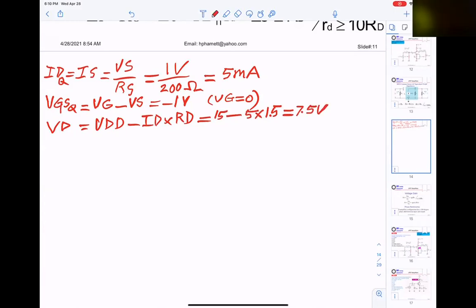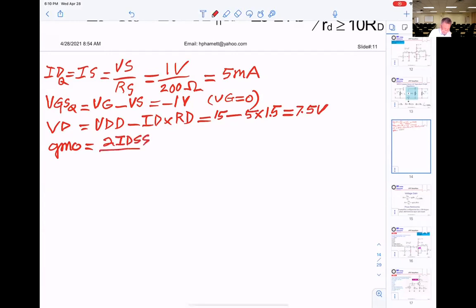Okay, then they want GM0. Okay, 2 times IDSS divided by VGS off. IDSS, they given to you a 10 milliamp.